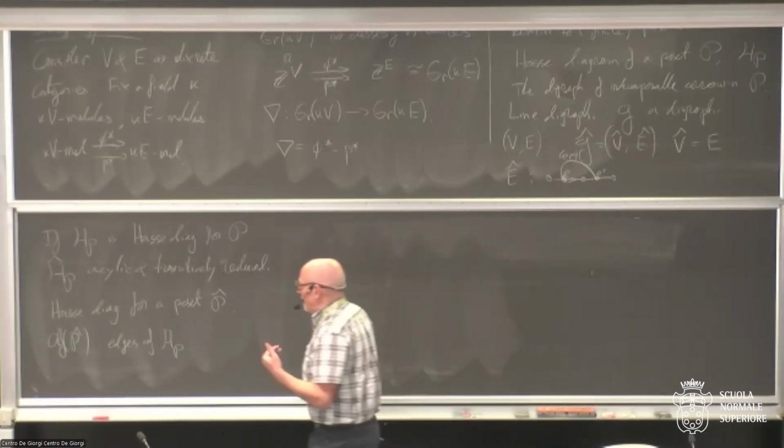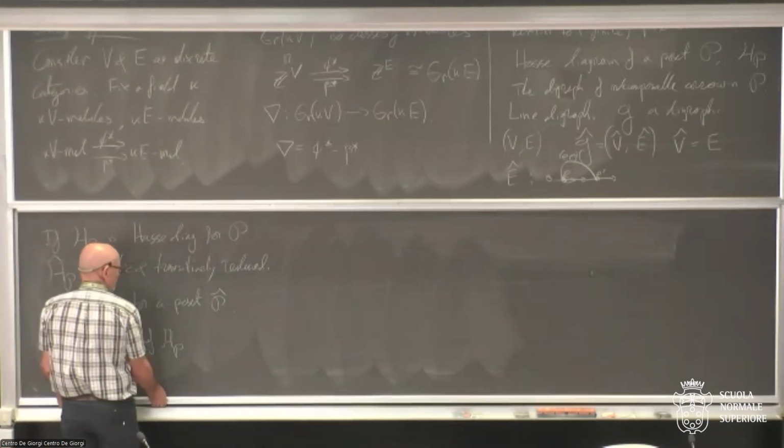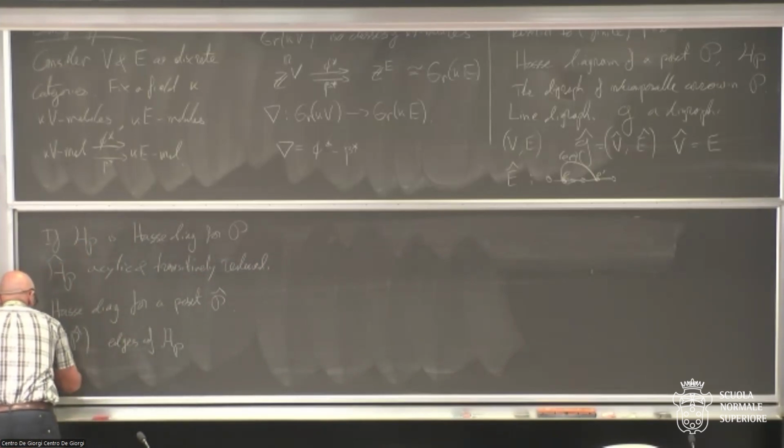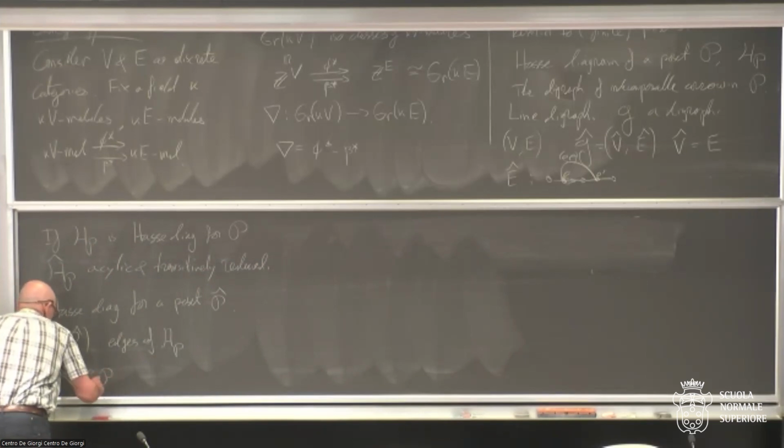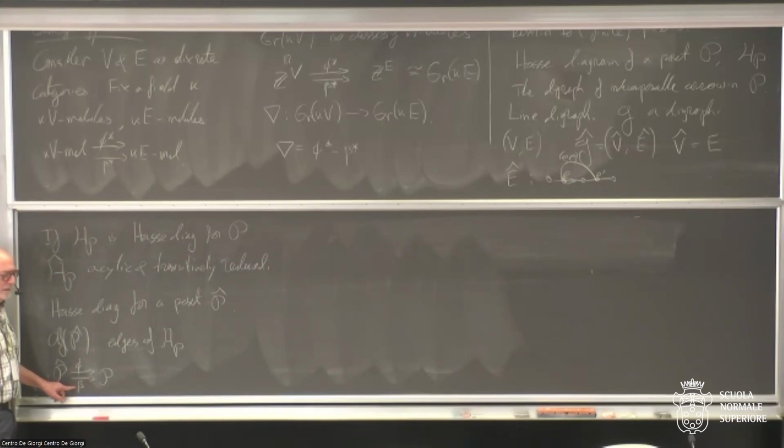All right. In particular, I have two functors from P hat to P, phi and beta. Take an object to its source or to its target. Okay, so it's exactly the same idea as before, except now I also have morphisms. So these are now functors.